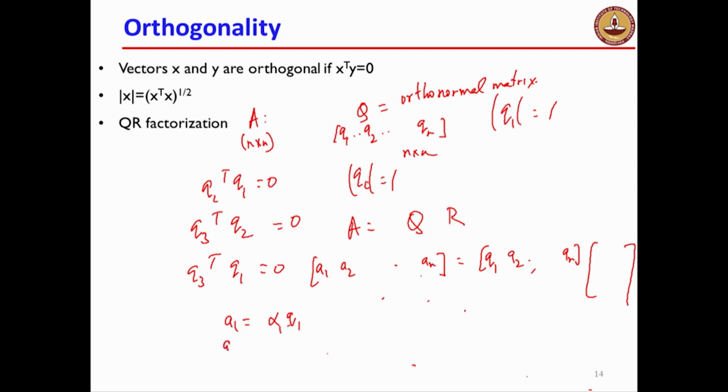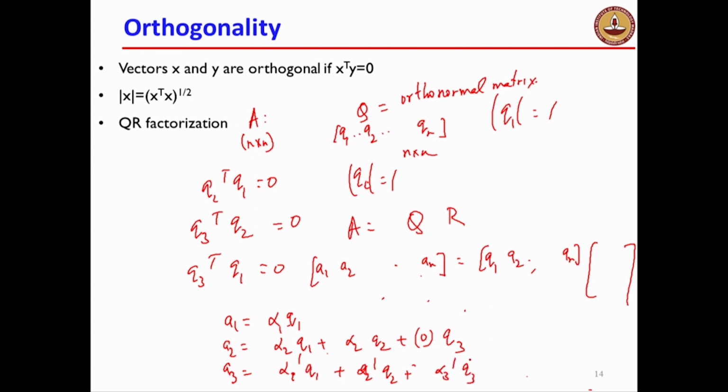If I want to write A2 as alpha 1 Q1 plus alpha 2 Q2, it will be plus 0 Q3, because Q3 was not defined from A2. Q2 was got only from A1 and A2. Likewise, I can write A3 as alpha 1 prime Q1 plus alpha 2 prime Q2 plus alpha 3 prime Q3, and so on.